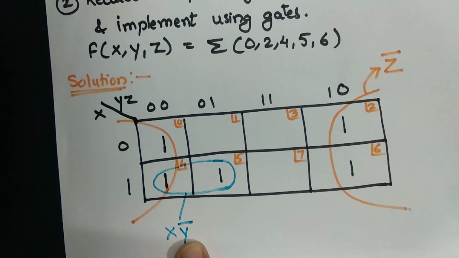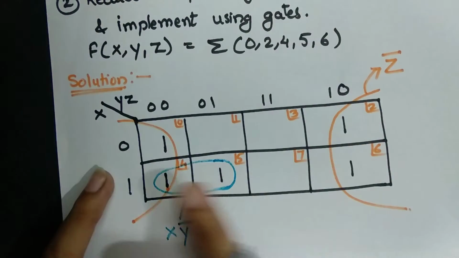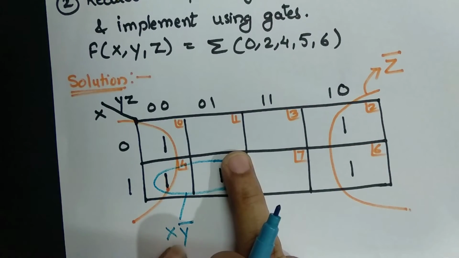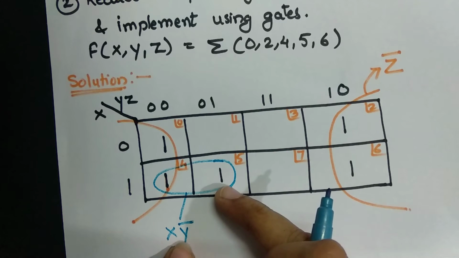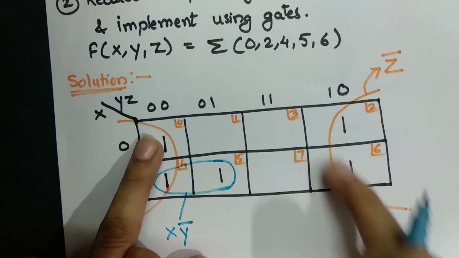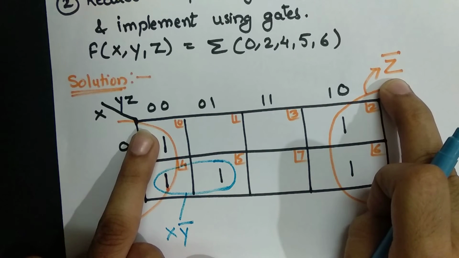Okay. You can see in the case of this three variable K-map, when a pair of 2 is available, there are two variables in your K-map term. When you are making a group of 4, you have a single variable, that is z.